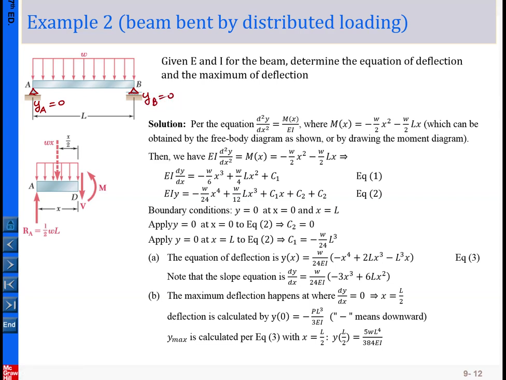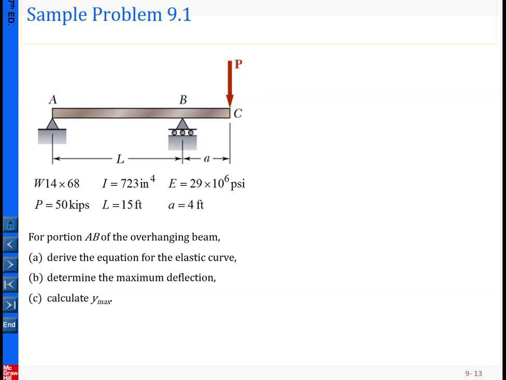No deflection because the support prevents any vertical displacement here. So you can look into the details of how to solve for the integration constants C1 and C2. Solve for this one, and that is the whole thing.